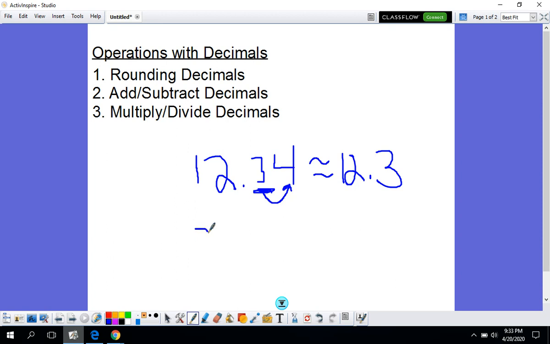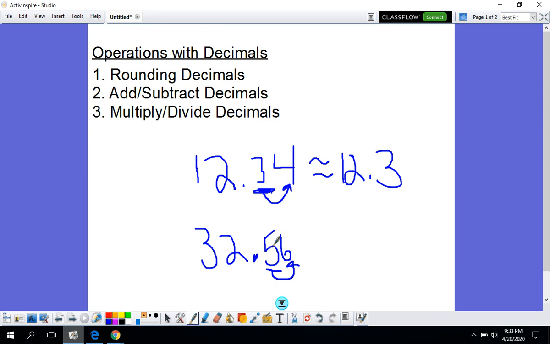So say I have 32 and 56 hundredths. Again, I'm rounding to the 10th place, so I'm going to underline my 10th place. I'm going to look to my hundredths place because that determines if I'm staying the same or moving up. This 6 is above the halfway point, which means I need to round up.